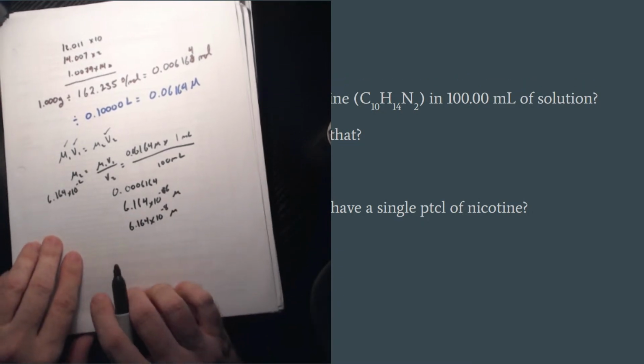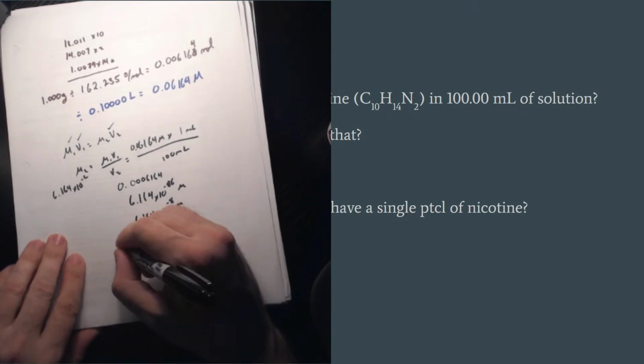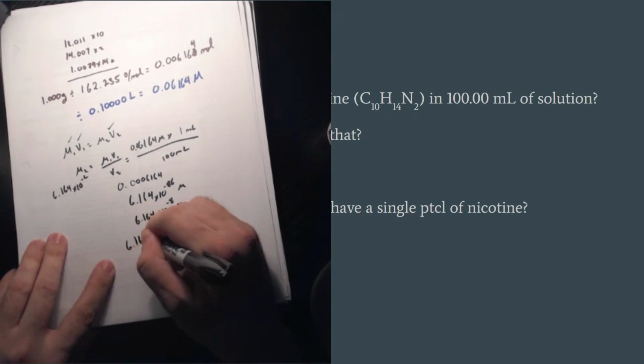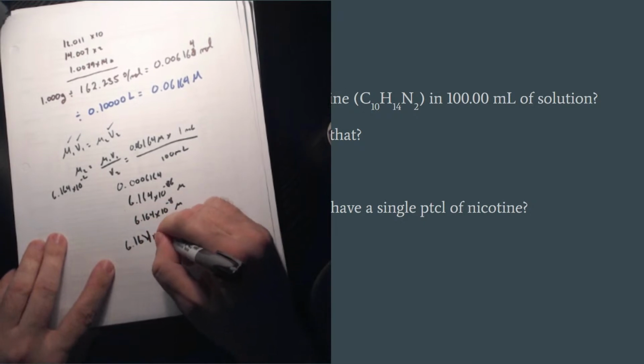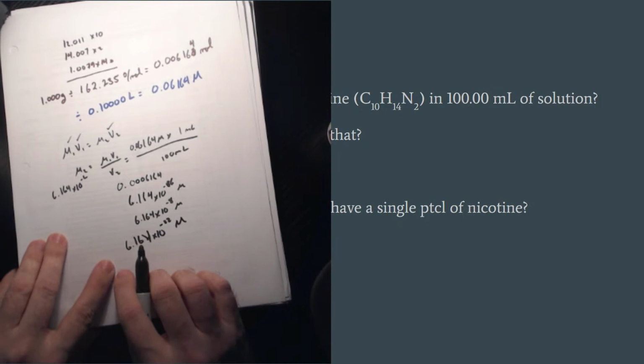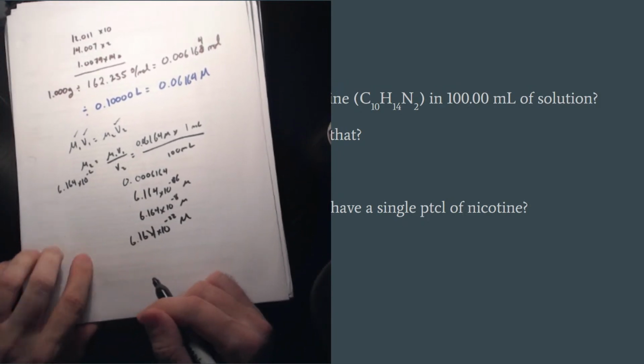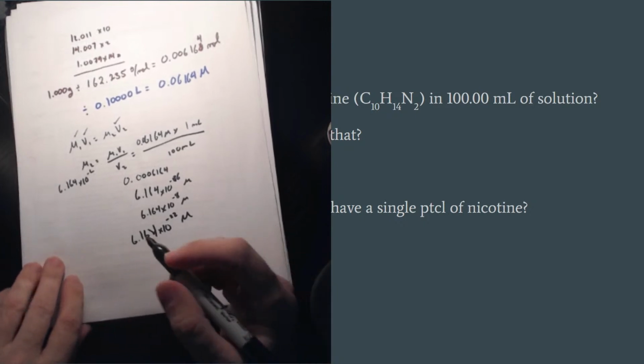So what if you diluted it a total of 20 times? Well, your final concentration would be 6.164 times 10 to the negative 22nd molar. This is a real thing that homeopathy practitioners do.